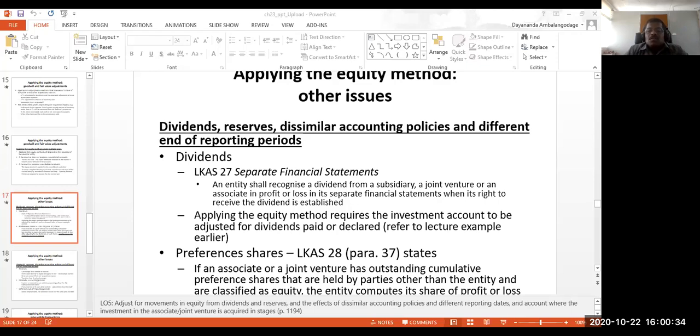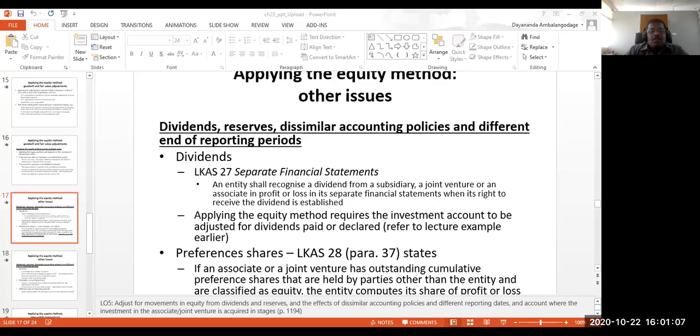The cost is of course 2,500, and what you have to do is calculate the share of profit. Since the profit is 25,000, you take 25% of 25,000. We debit the investment in associate or joint venture and credit share of profit or loss of associate or joint venture. That means the P&L is credited and the investment account debited.